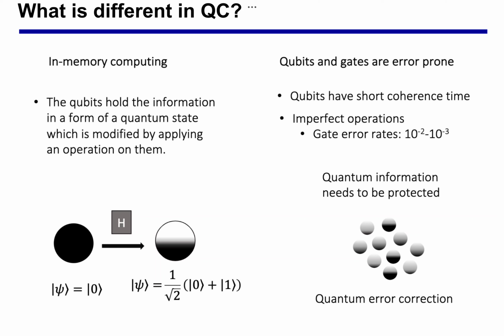In-memory computing holds information in the form of a quantum state, which is modified by applying an operation on it. After a gate, we can get another state, so we can get more information about the operation.